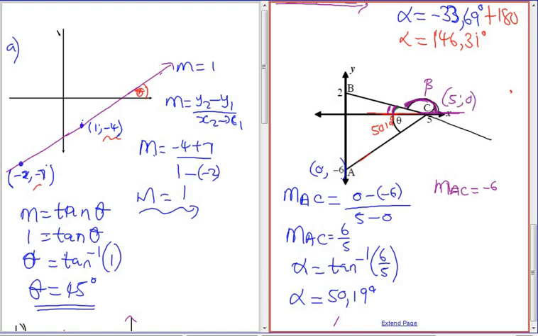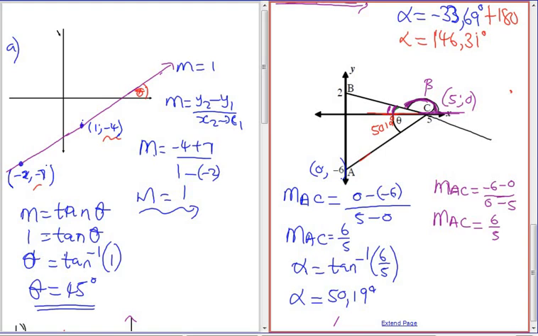So I'm going to say -6 minus 0 divided by 0 minus 5. So the gradient of AC will be, in no time at all, 0 minus 5. So it does look like it will just be 6 over 5. Interesting. Positive gradient.